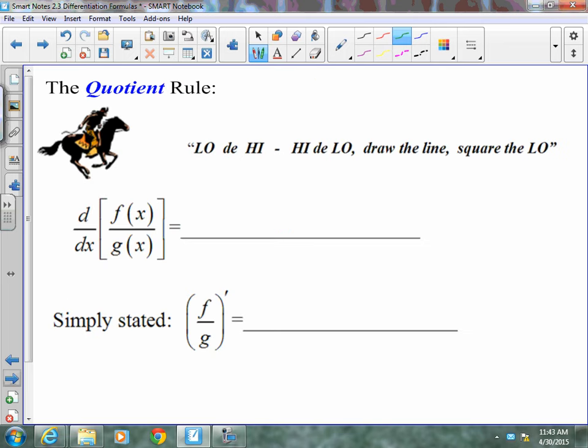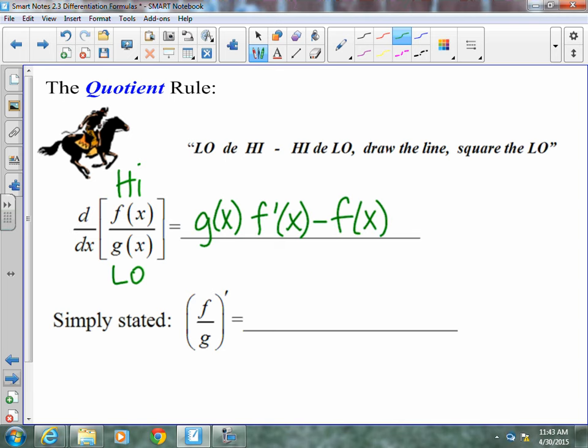The quotient rule. A good way to remember it, if you think of this as the low and this is the high, the denominator your low, the numerator your high: low d high minus high d low, draw the line, square the low. So, low d high minus high d low, draw the line, square the low.